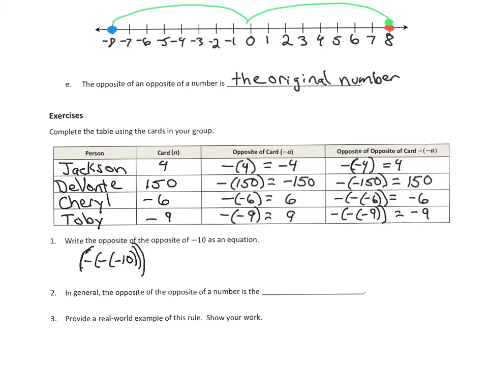So we had 3 parentheses that we used, 1, 2, 3. We're going to have to close 3 parentheses at the end, 1, 2, 3. That's what that means. And that will equal negative 10 because it becomes the same number. Okay, so in general, the opposite of the opposite of a number is, again, the original number.